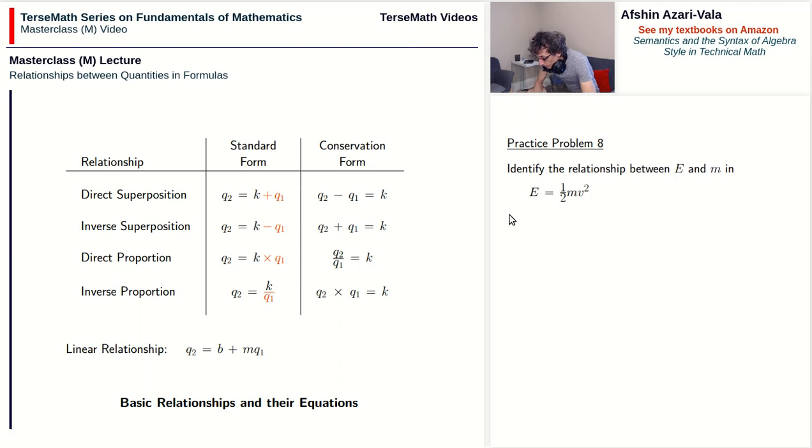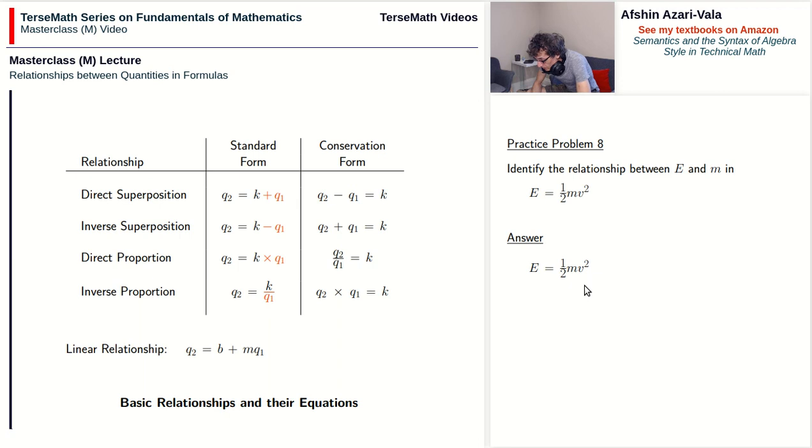Problem 8. Identify the relationship between E and m in the kinetic energy formula, E is equal to 1/2 mv squared. The equation has been solved for one of the unknowns. On the right hand side, we have only one term, and therefore there are no terms to turn into a constant.